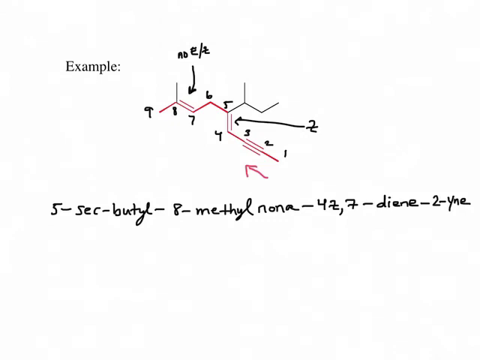So, if you take a look at this, remember Y is a vowel, and so I actually do not need this E that is at the end of the diene. And I'm going to just carefully erase it. There it is. Let's recreate that a little better. So it's 5-sec-butyl, 8-methyl, nona, 4Z, 7-diene, 2-yne.